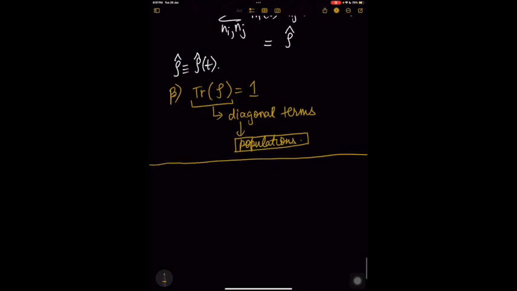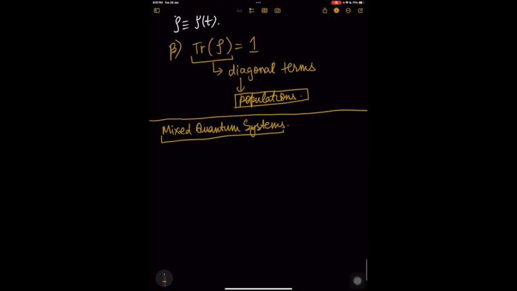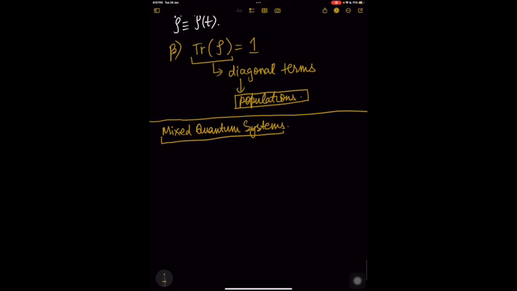So now, mixed quantum systems. A mixed quantum system, as I just mentioned, is just a statistical ensemble. It's essentially used to describe systems where we have incomplete information on the system itself.